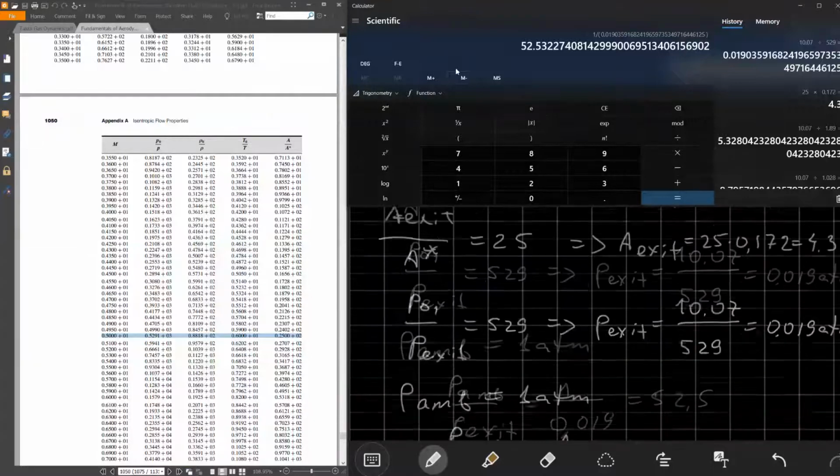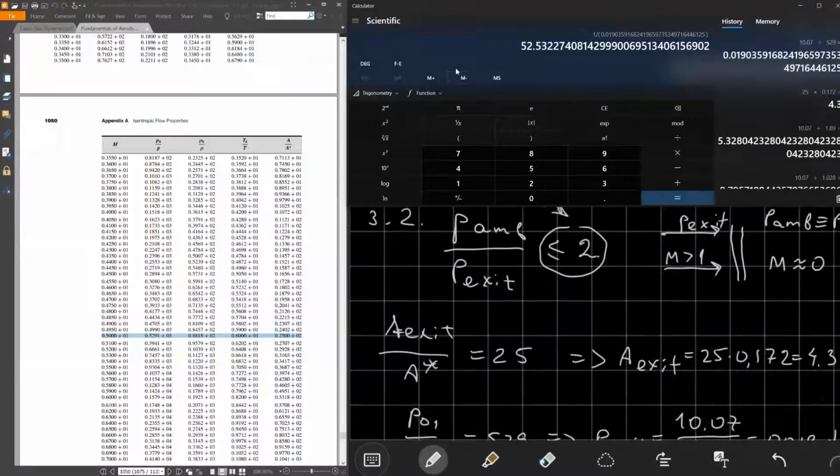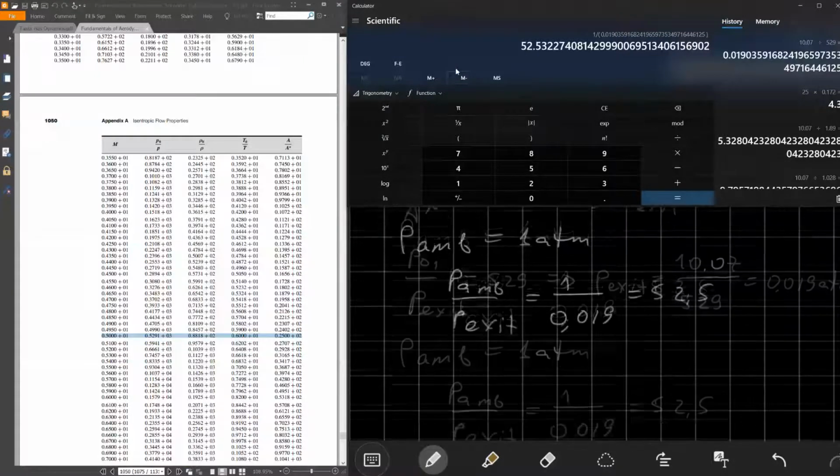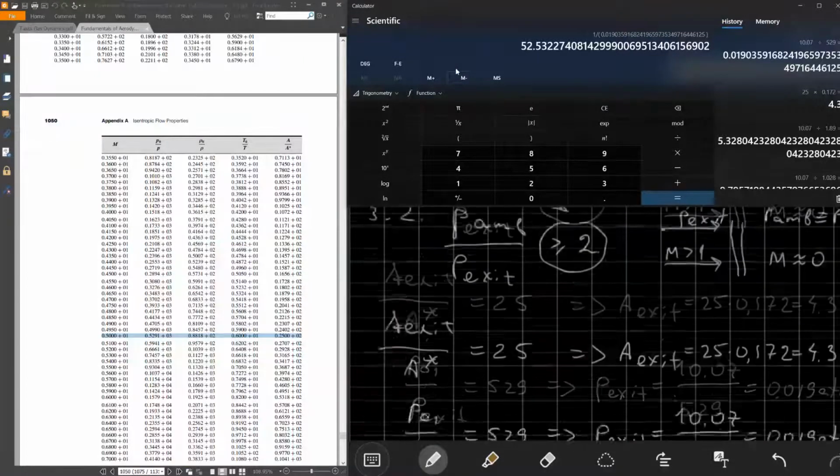So my first attempt to write was not correct. I will need to change the sign here, more or equal than 2. Yeah, I'm always confusing this part.